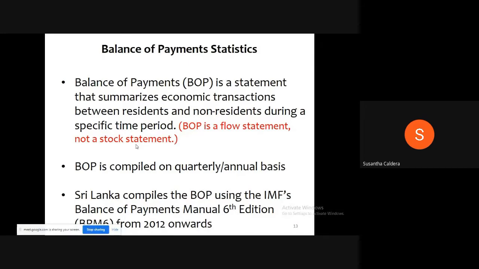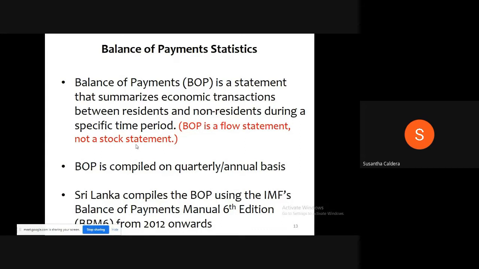Right? So, therefore, BOP is a flow statement and not a stock statement. BOP is compiled on a quarterly and annual basis by the central bank, and they publish quarterly balance of payment statistics from time to time. Right? It is very, very important. So most of our policy decisions will be taken on our balance of payment situation. Right?